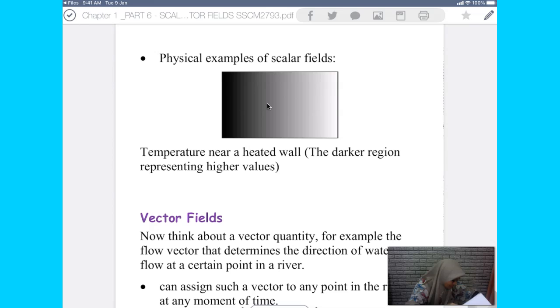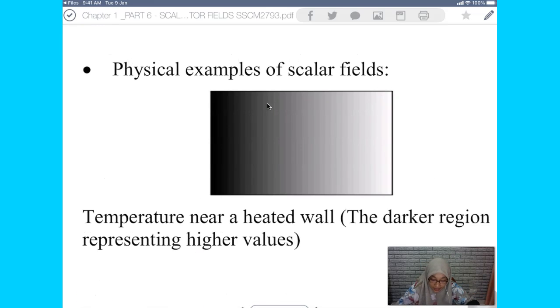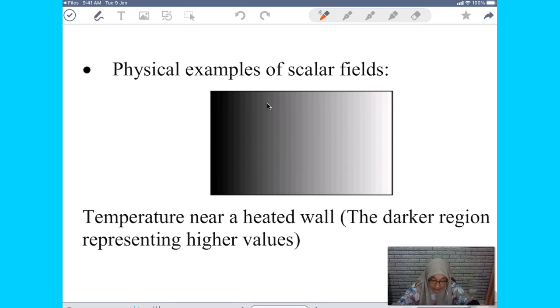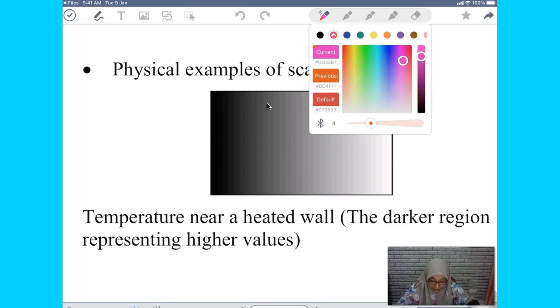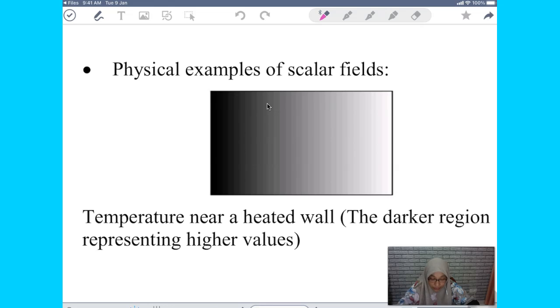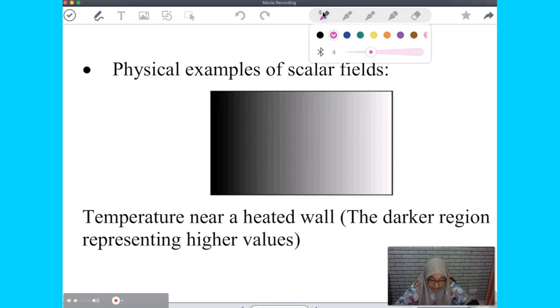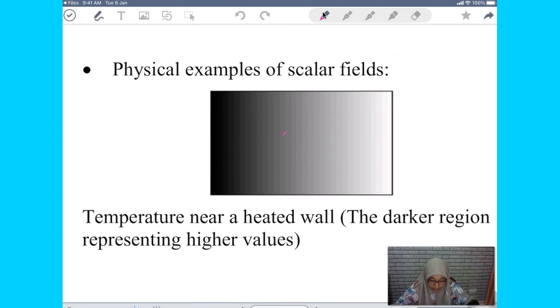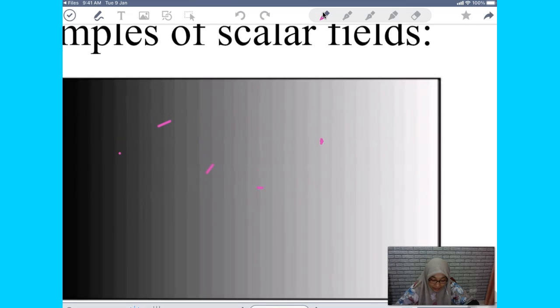For example, you have a combination of very many points. Let's say this is a point for x, y, z and t equal to 1.